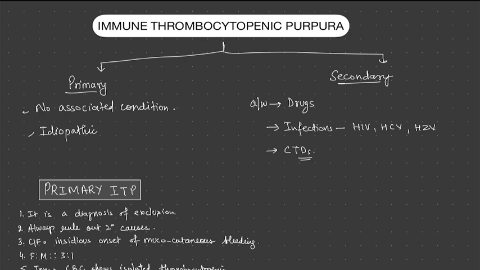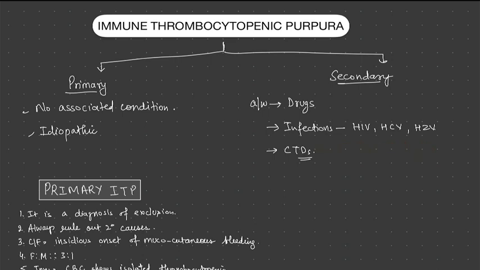Secondary ITP is isolated thrombocytopenia which is associated with drugs or some underlying infections like HIV, HCV, HBV, or there can be some underlying connective tissue disorders like SLE, Apla syndrome, etc. Right?